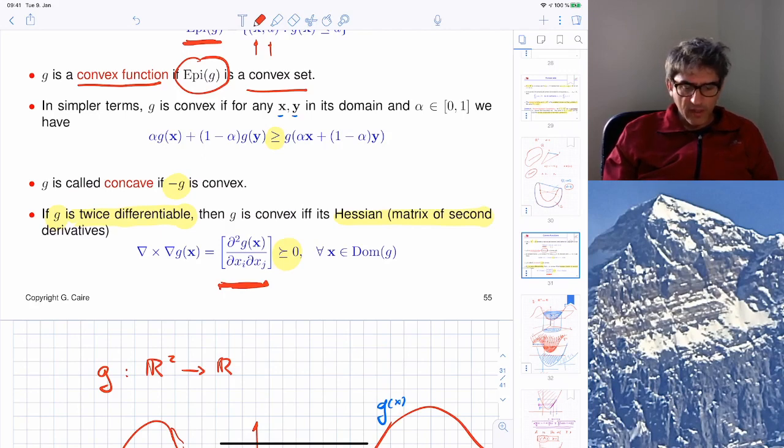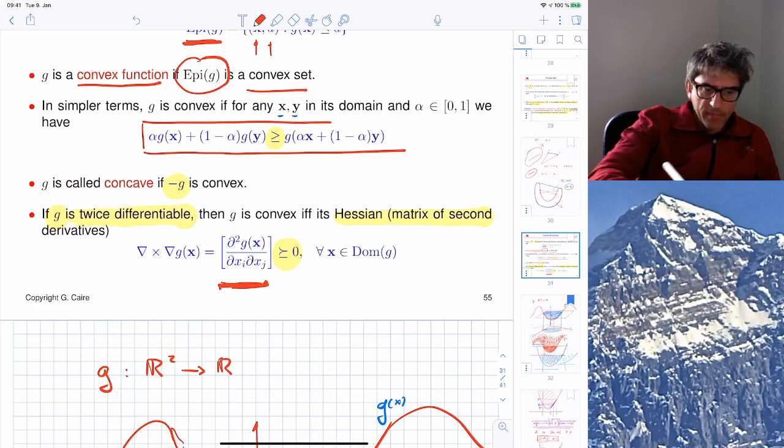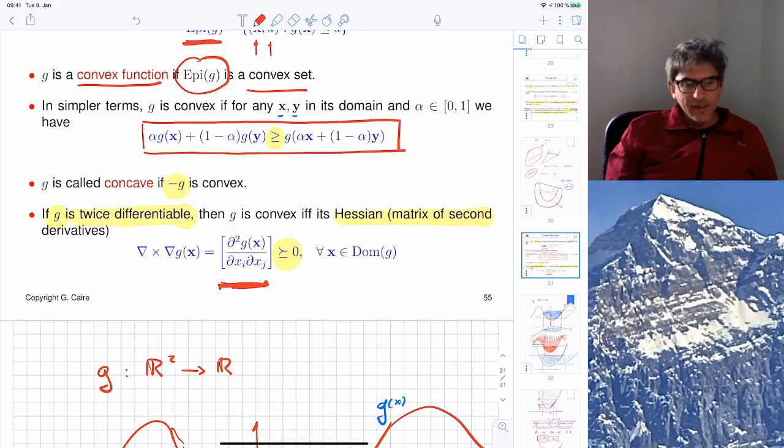Proving convexity is generally not super easy, but once we know that the function is convex or concave, then we can use this fundamental property, these inequalities that relate the function of a convex combination with a convex combination of a function.